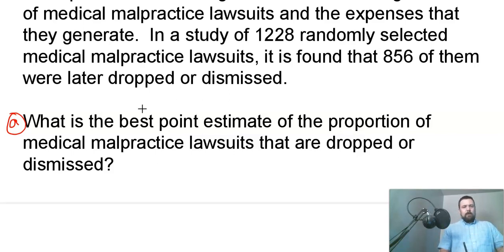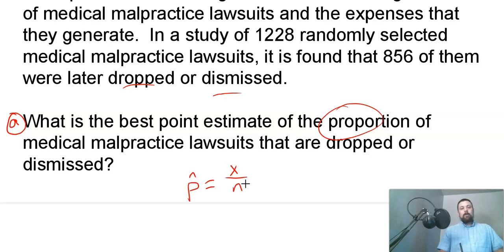All right. So the best point estimate for the proportion is going to be the sample proportion, right? So this is the best point estimate for the population proportion. Now they didn't use the word population here, but that's what's being referenced. The way we calculate that sample proportion is we take the number of cases that fit the description, which is cases that were dropped or dismissed, divided by the total number of cases in the sample.